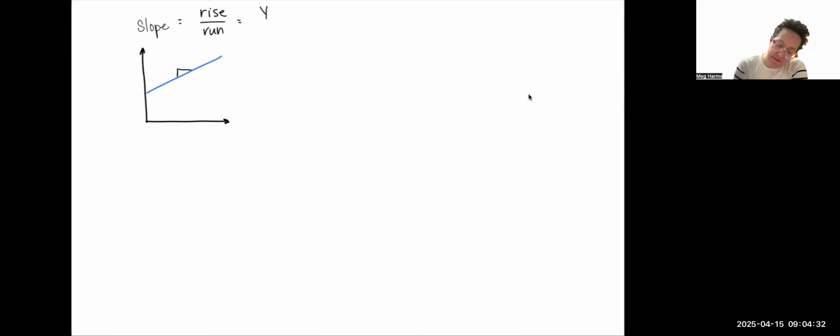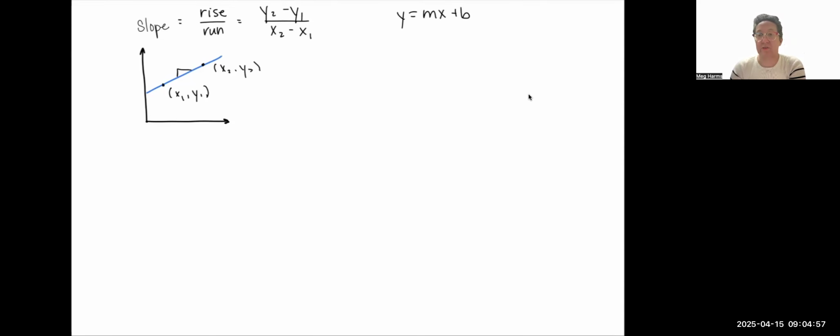So it's the difference in the y coordinates divided by the difference in the x coordinates between any 2 points on that line. And of course, you probably also learned something like slope-intercept form, where a line can be written as y equals slope times x coordinate plus the y-intercept, or maybe even point slope form, right?